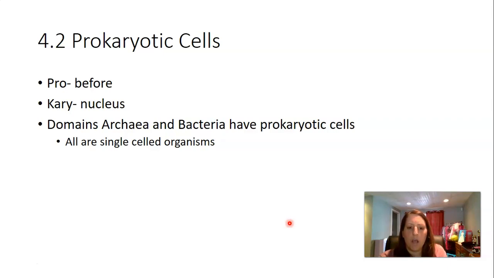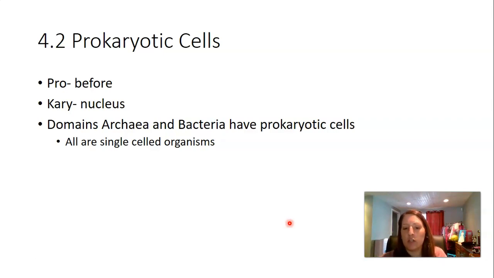Okay? The domains archaea and bacteria. Remember, the archaea were single-celled prokaryotic organisms that are the extremophiles, right, that like to live in extreme environments like hot sulfur vents, or extreme salt environments, or environments that are really high in methane, for example. Those are going to be single-celled prokaryotic organisms belonging to the domain archaea. And then you've all heard of the domain bacteria.